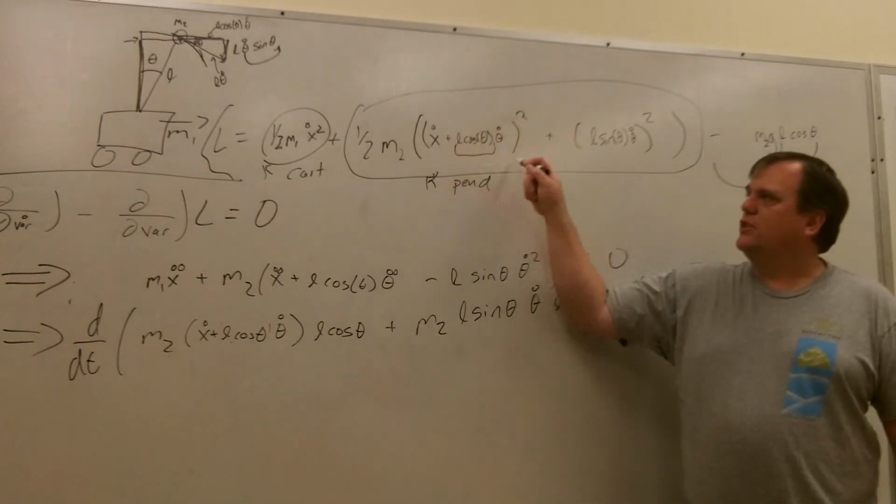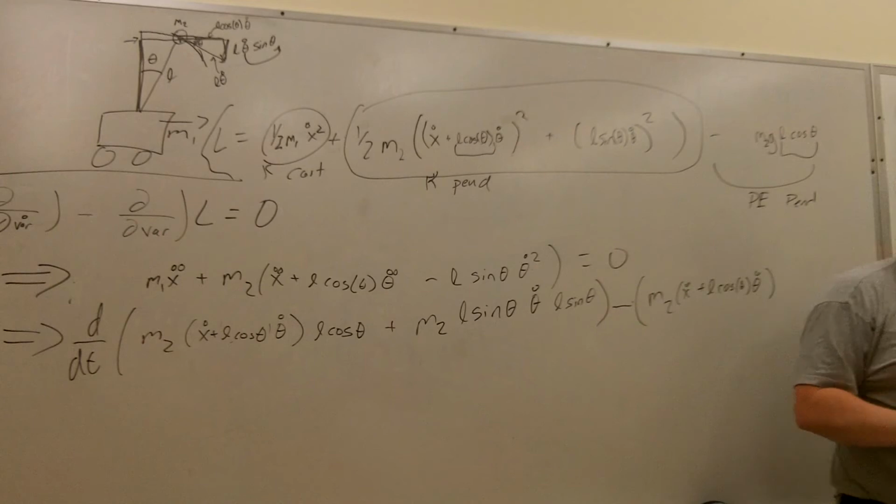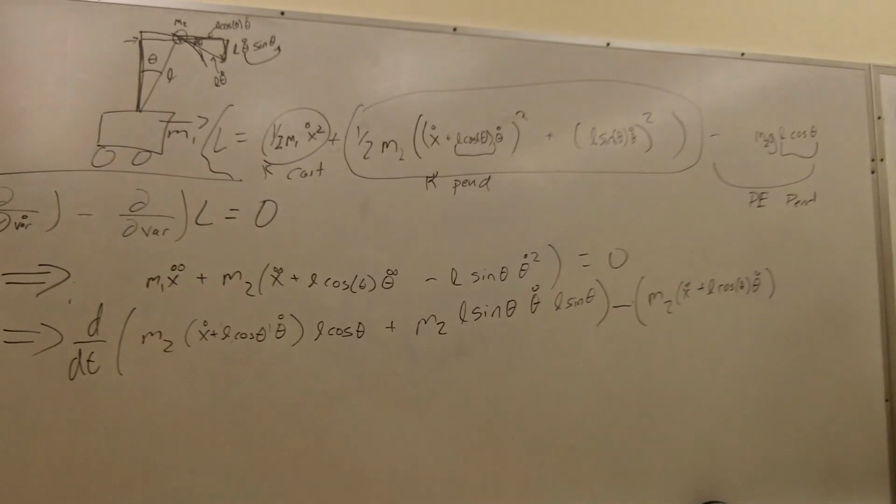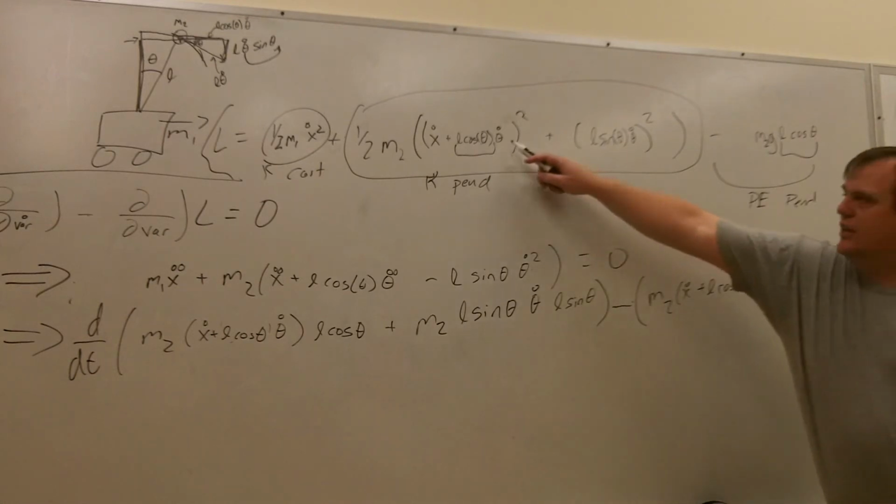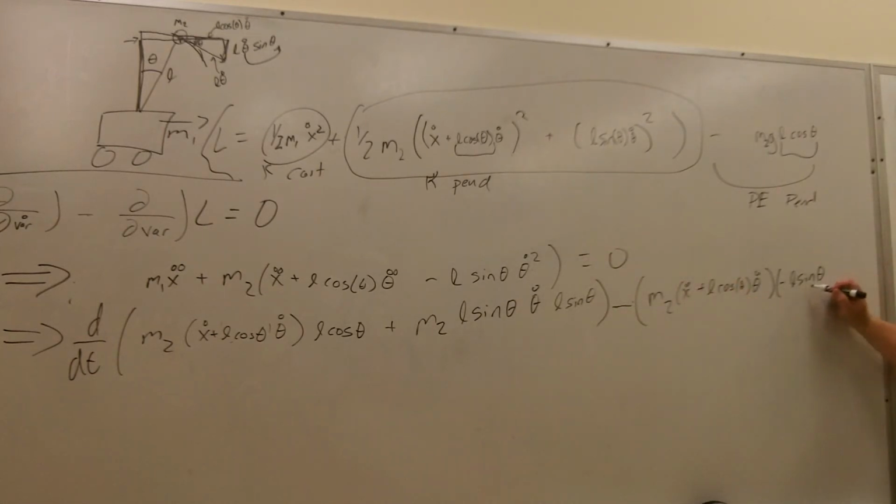That's the function. Now I have to take the derivative of what's inside the square. Minus. What's inside the square is going to give me minus L sine theta, times the theta dot, which is a constant, since it's just with respect to theta. There's no time derivative in this case.